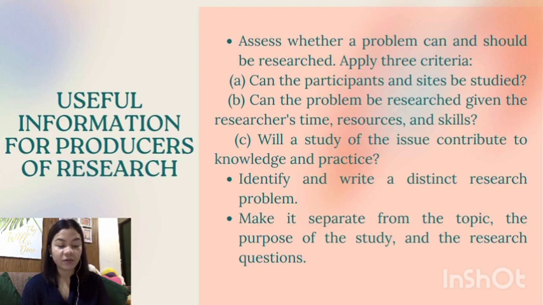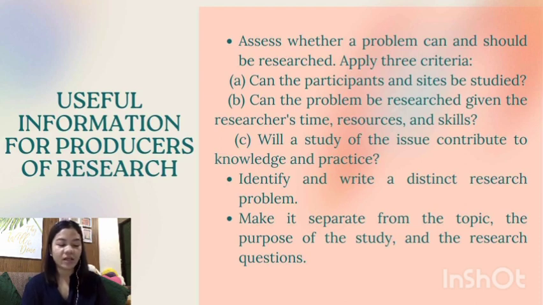The first criterion: can the participants and sites be studied? This question is involved in assessing whether your study should be researched in a way. The second one: can the problem be researched given the researcher's time, resources, and skills? The third one: will the study of the issue contribute to the knowledge and practice?